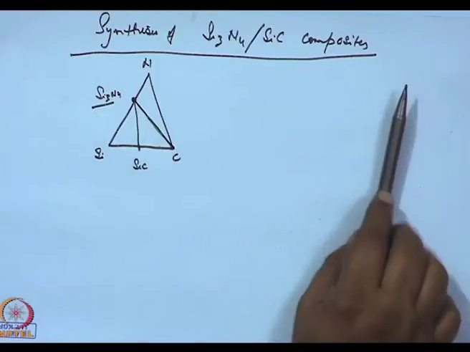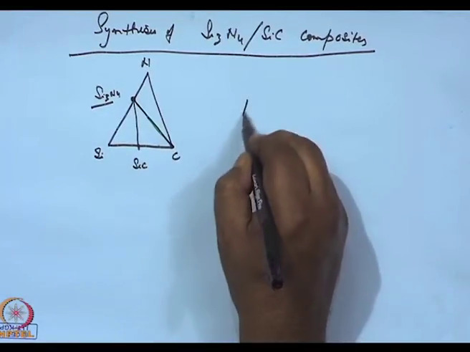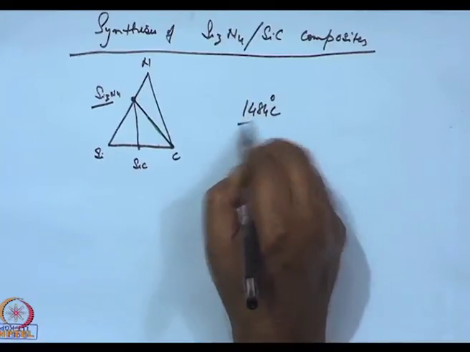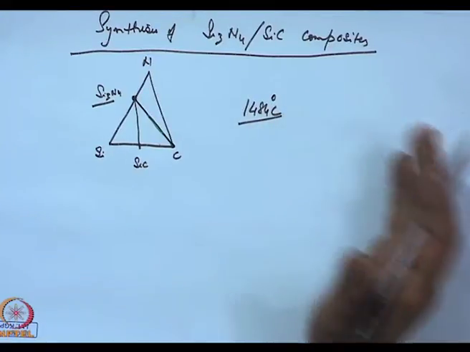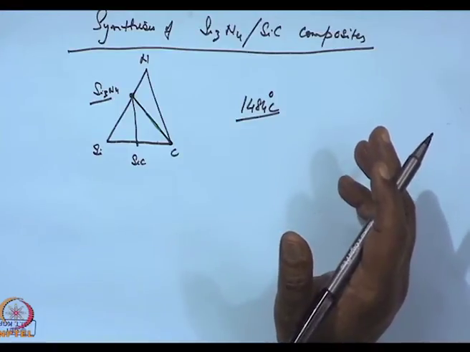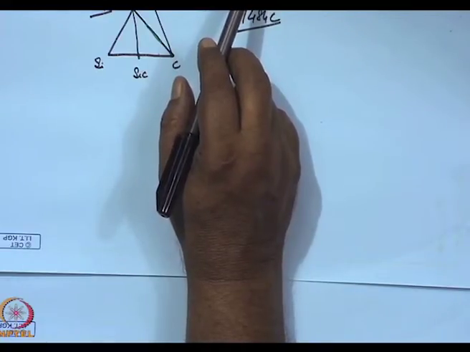At temperatures greater than about 1484 degrees centigrade, decomposition occurs, and this has been a major problem of synthesis of silicon nitride, silicon carbide composites. However, let us see, there are reactions which make it possible to have such silicon nitride, silicon carbide composites if we use the organic chemistry very well.